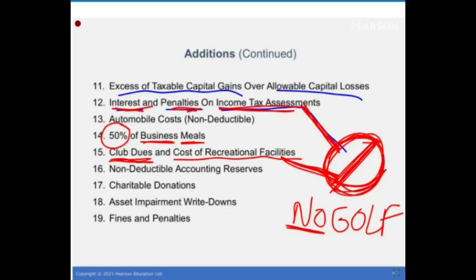This also, for the non-golfers out there, for the folks who like to work out, includes the gym. That would be a taxable benefit and not something that can be deducted for tax purposes. So if you're a small business owner with an incorporated company and your corporation's paying for your gym membership or your golf membership and you're deducting it, if that was audited, you'd likely have the deduction disallowed and, on the flip side, have a taxable benefit personally for that payment.